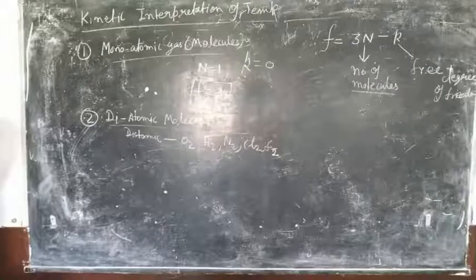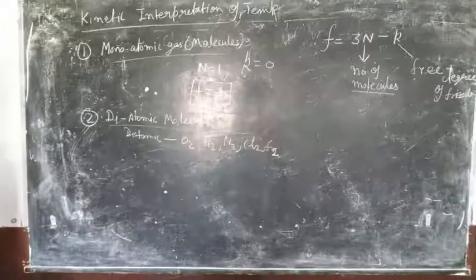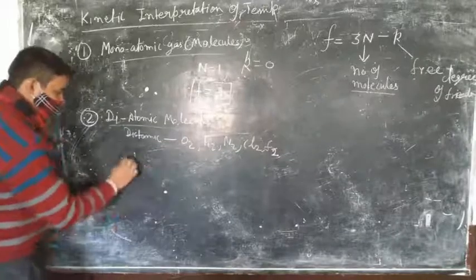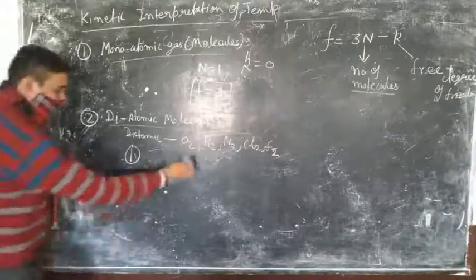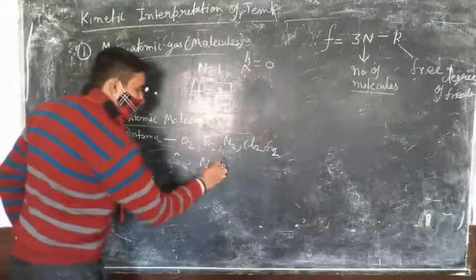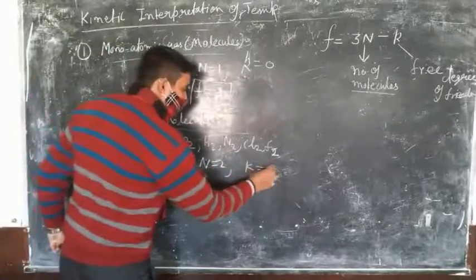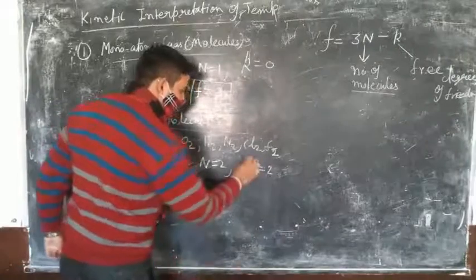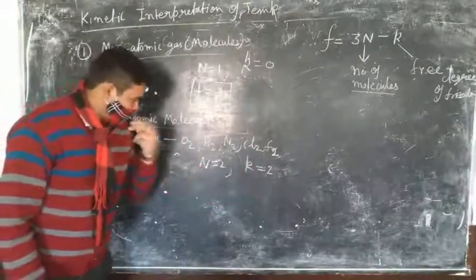So first, in the translational state, F is equal to 3n minus k, where n equals 2 for diatomic gases.